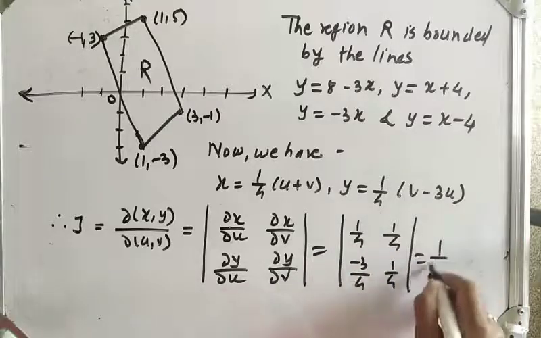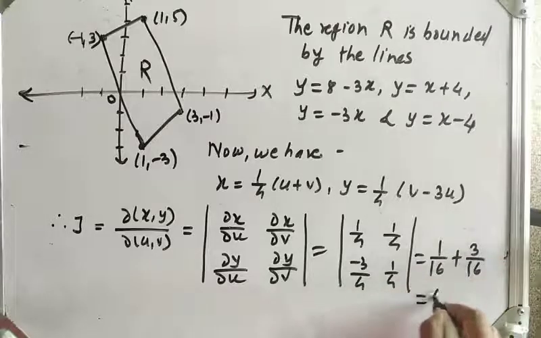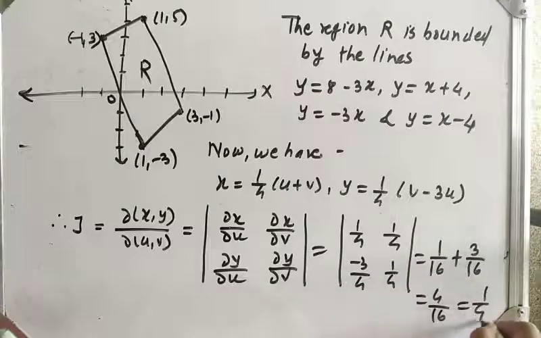That is 1 upon 16 plus 3 upon 16, that is 4 upon 16, that is 1 upon 4. So our J is 1 upon 4.